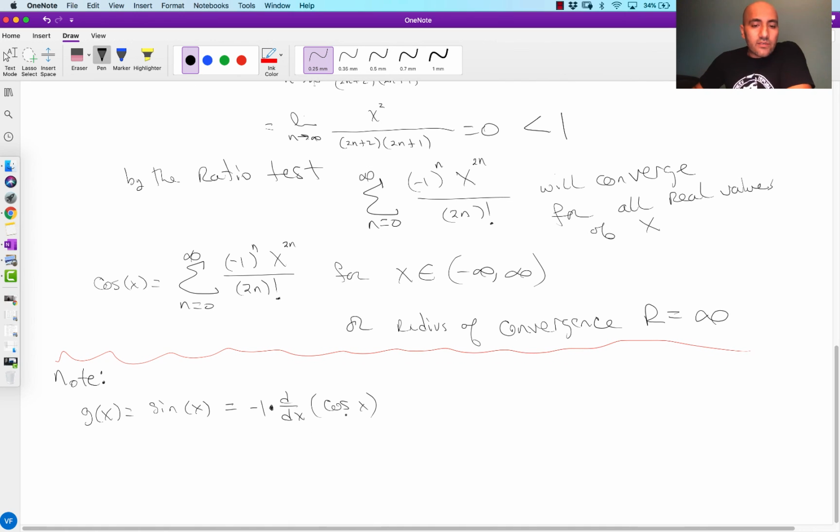But we just established that cosine of x is equal to this as its Maclaurin series representation. So we'll have -1 times the derivative with respect to x of this thing. So that would be n goes from 0 to infinity of (-1)^n x^(2n) over (2n) factorial.